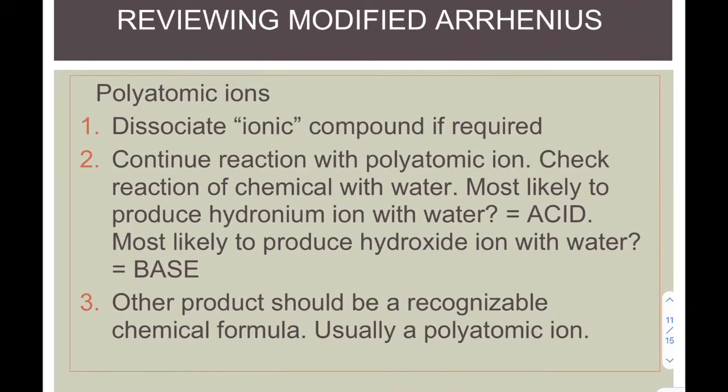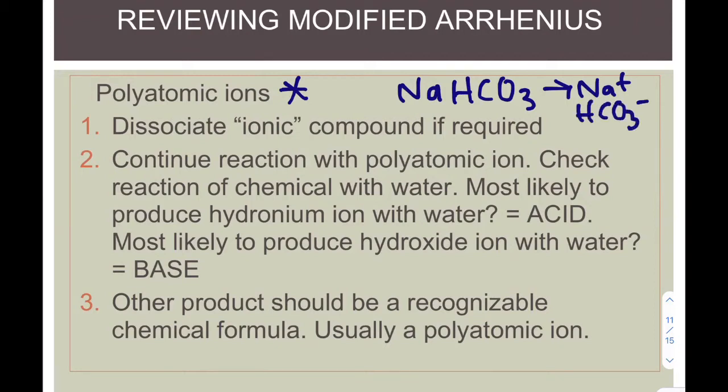All right, so just reviewing modified Arrhenius before we start here. If we've got a polyatomic ion, we're going to dissociate the ionic compound if it's required. So say we had something like NaHCO3, we would dissociate that, right? Na positive, HCO3 negative.